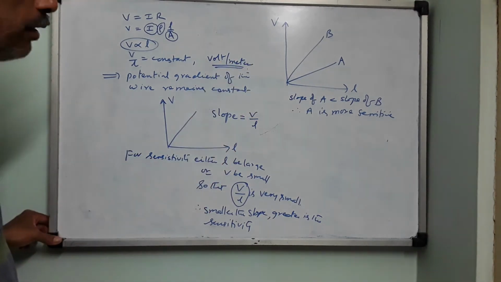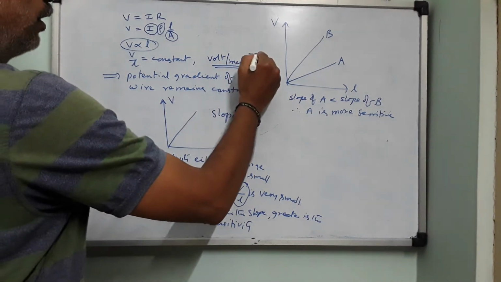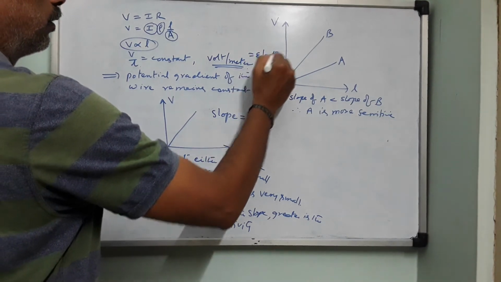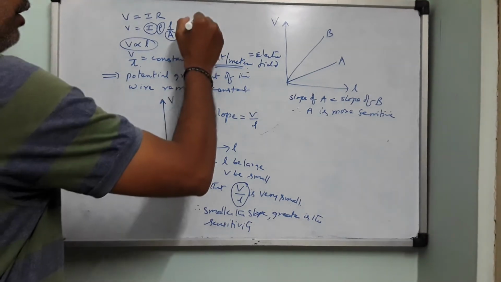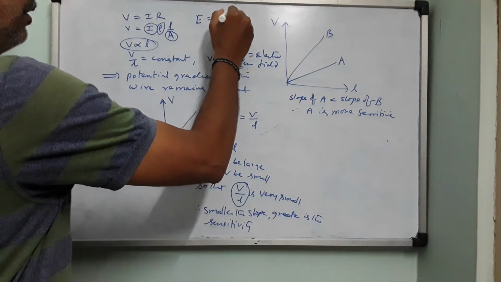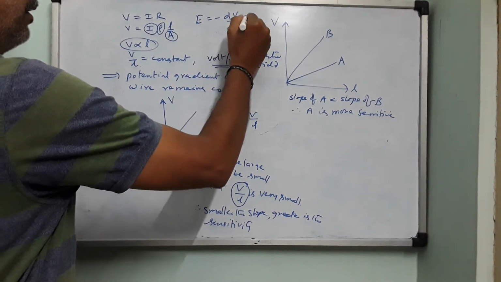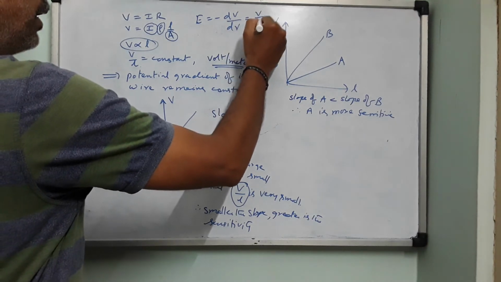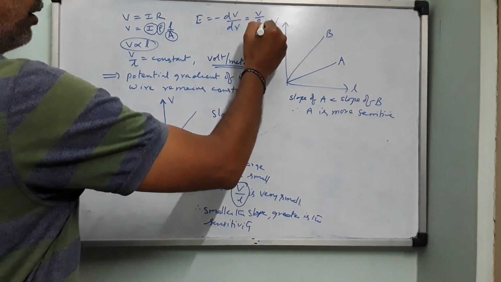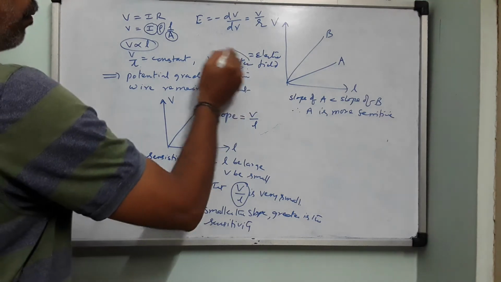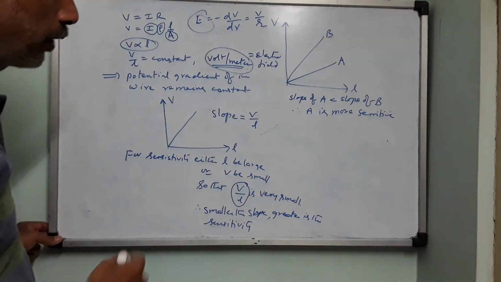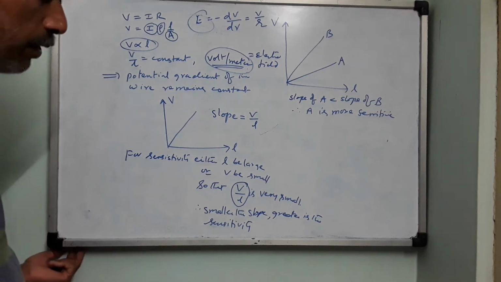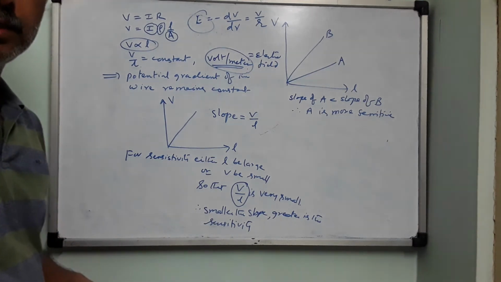This also equals electric field, because E equals minus dV by dr; if you write only the magnitude, it is V by R, where V is volt and R is meter. Volt per meter can also be the unit of electric field. Like this, questions can be asked by changing different concepts.